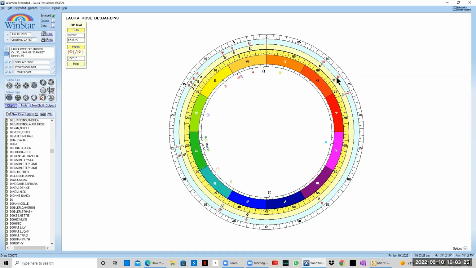Then Uranus, and the mutable signs are Gemini, Virgo, Sagittarius, and Pisces, all mutable. Here you can see Uranus is at 16, almost at 17 degrees of Gemini.